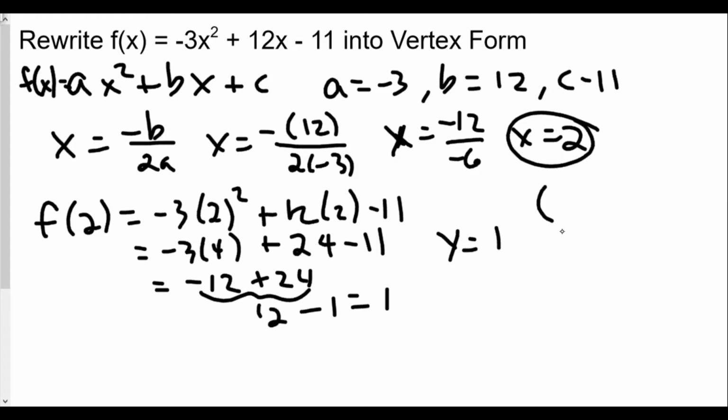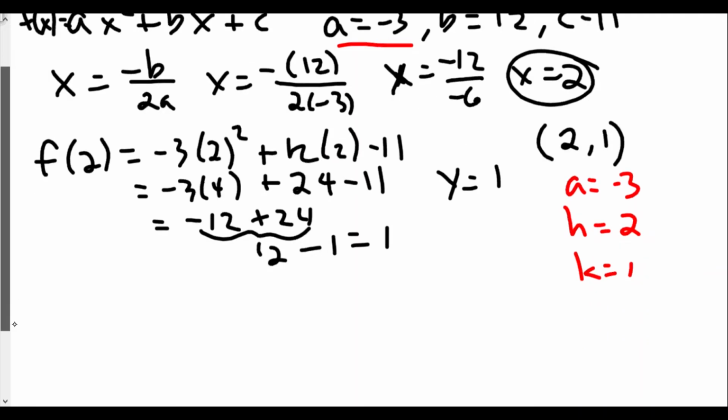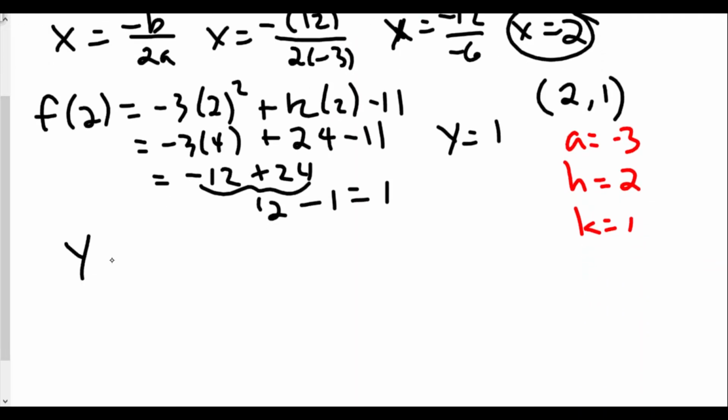So our vertex will have the coordinate of 2, 1, and so we'll write it down. h equals 2, k equals 1, and our a value equals negative 3. So we plug into our formula. y is equal to a times x minus h squared plus k, or f of x in this case.